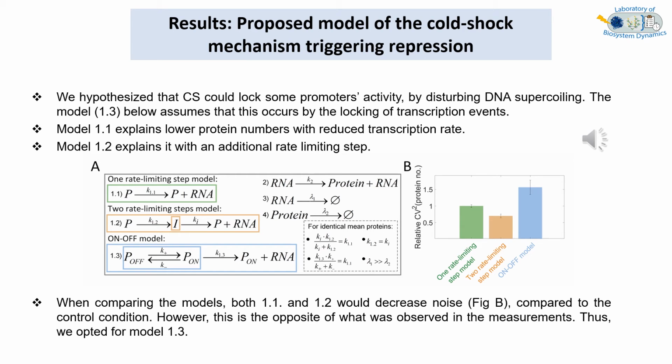And the third model actually has more variability in protein numbers. So for the same mean production, they differ in noise, or in other words, in variability between individual cells.